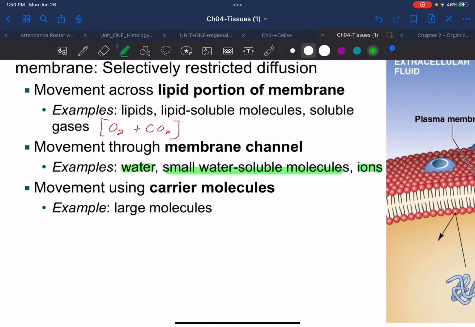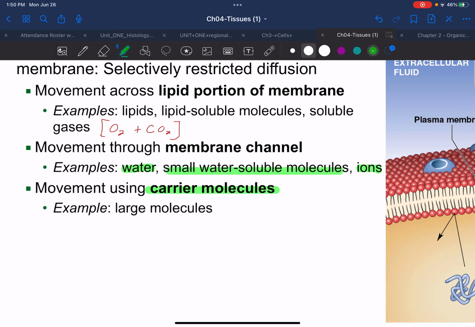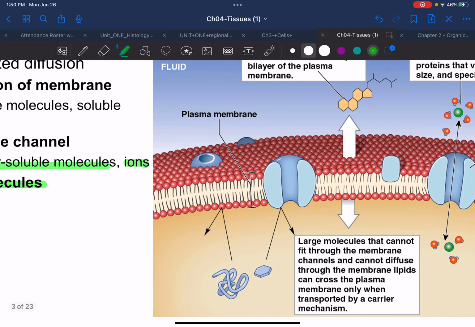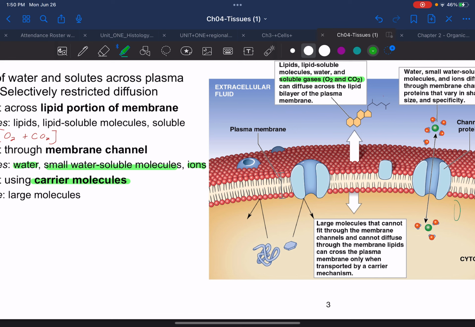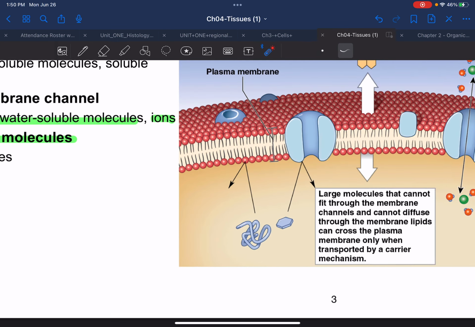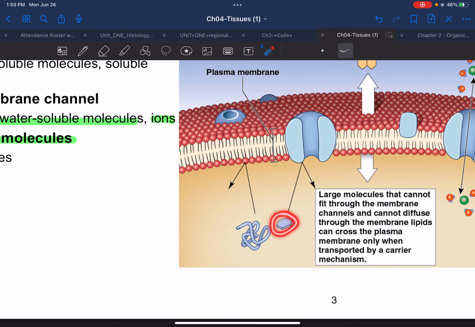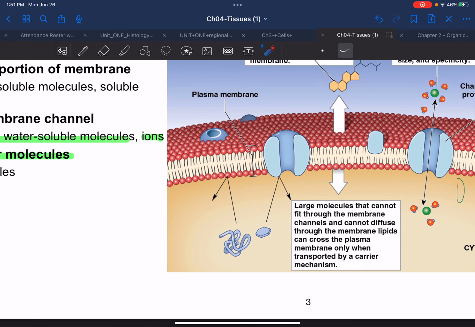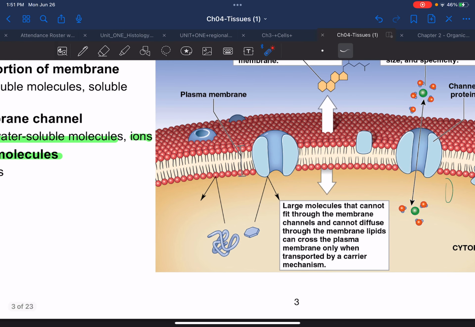And then we have carrier molecules. These are only really for very specialized molecules. Where's my little pointer here? And so large molecules won't always fit through these small channels. And so you're always going to need either a special protein, or there are going to be some proteins that help move it in a different way.